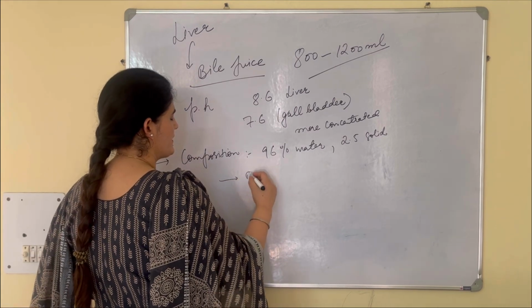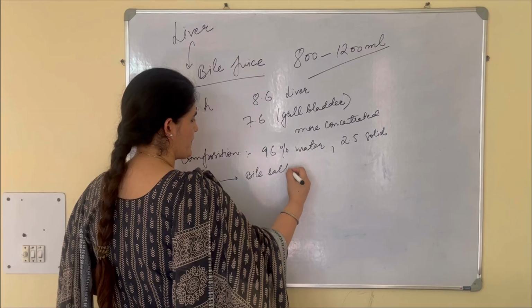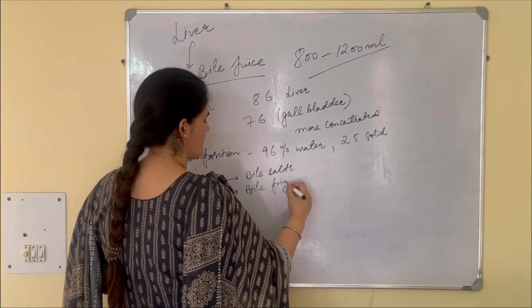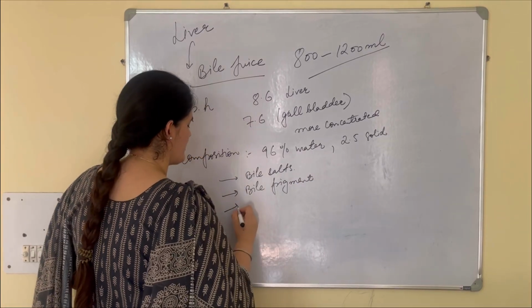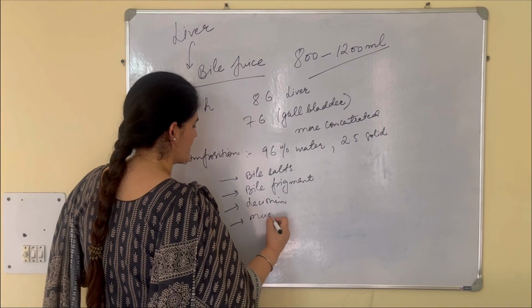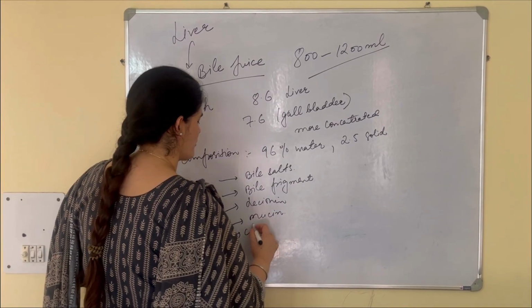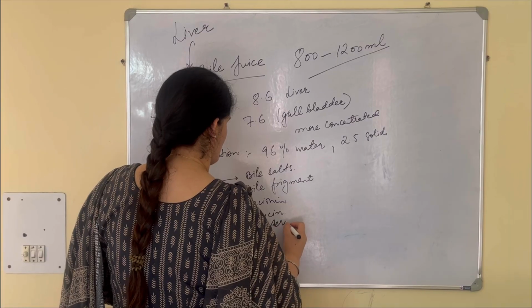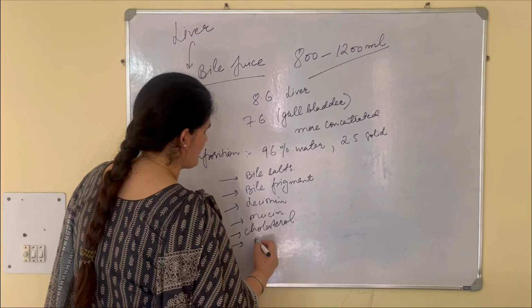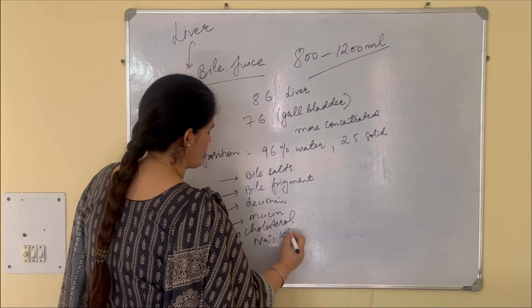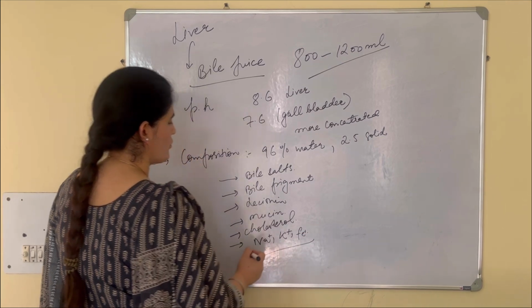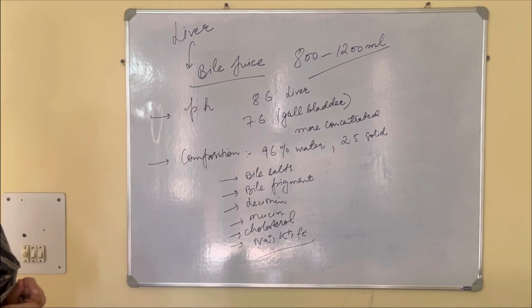Bile juice contains bile salts, bile pigments, lecithin, mucin, and cholesterol. It also contains some ions like sodium, potassium, and iron.